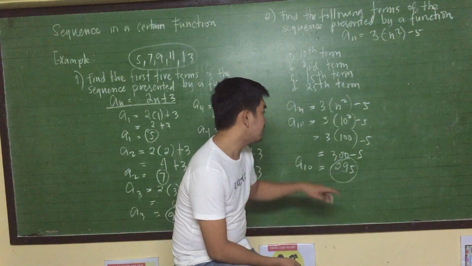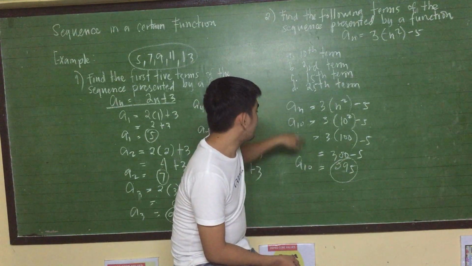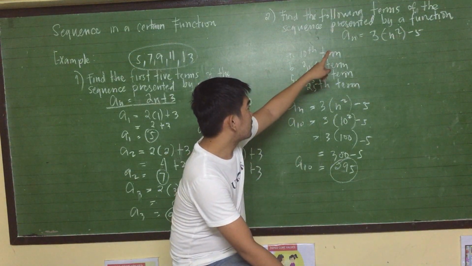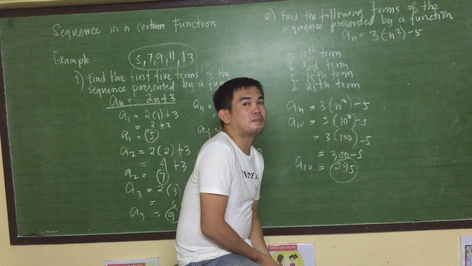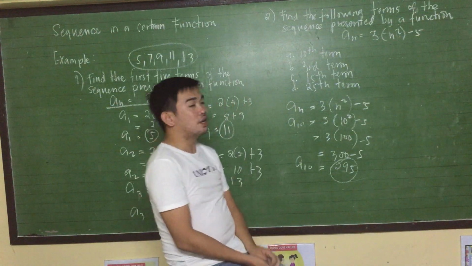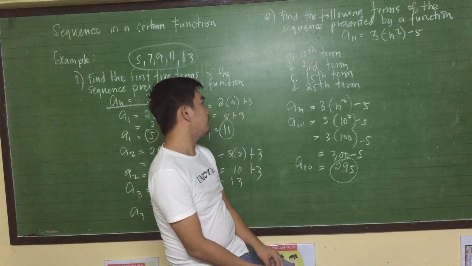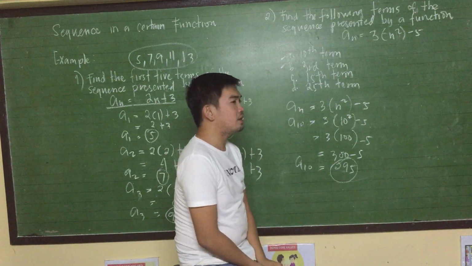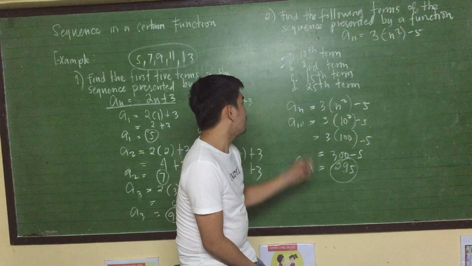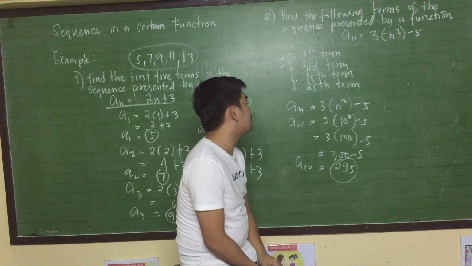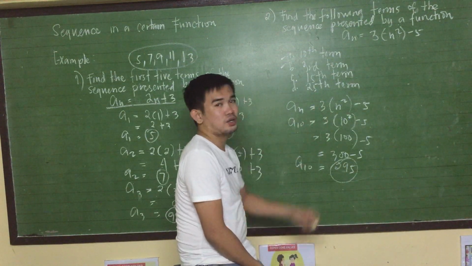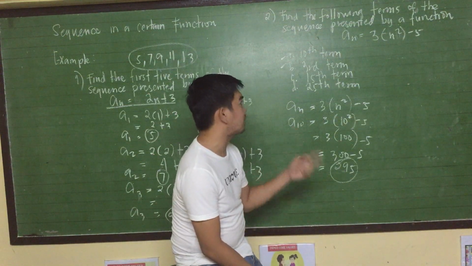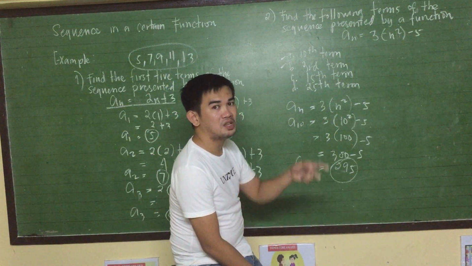Again, our 10th term is 295 using the function a sub n is equal to 3 times n raised to 2 minus 5. Now, letter B. In letter B, we're looking for the third term. Using the same function, we will just substitute the value of 3 into n.